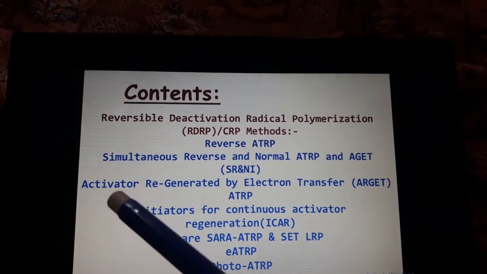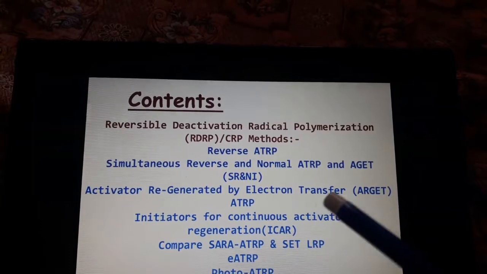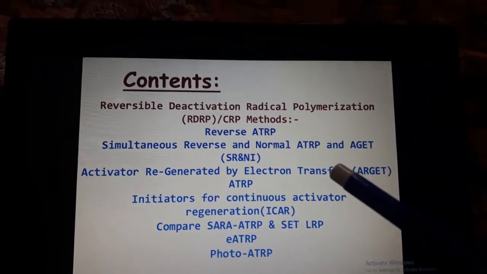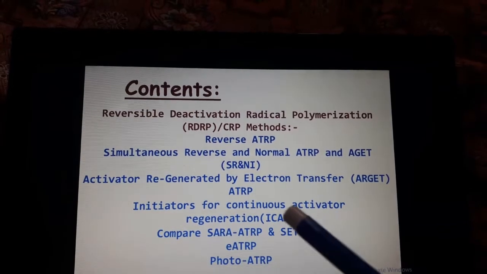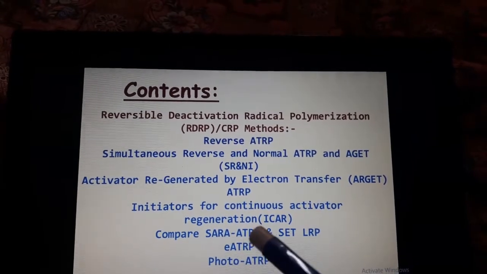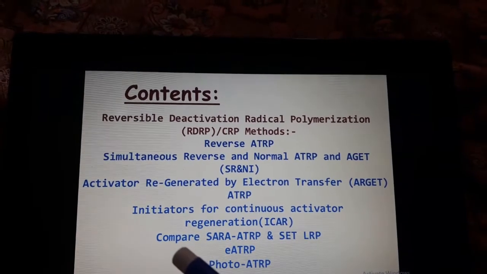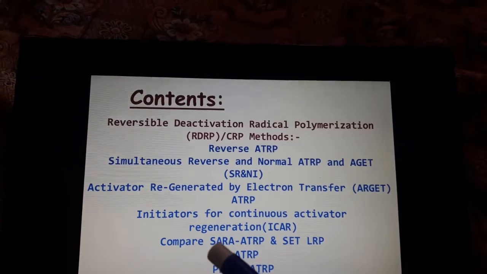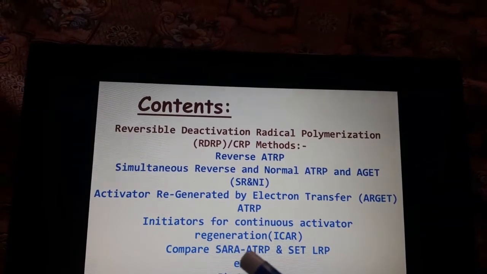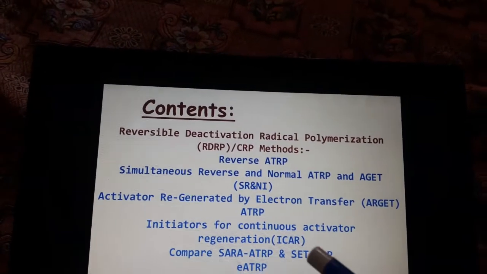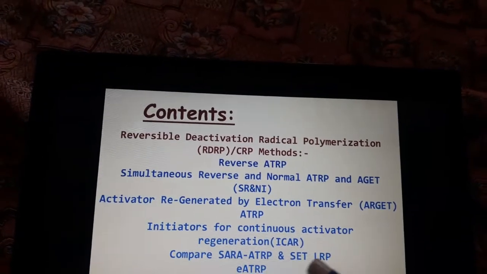The second subtopic is activator regenerated by electron transfer, or ARGET ATRP, and initiation for continuous activator regeneration, ICAR. We also have to compare supplementary activator radical addition ATRP with the single electron transfer living radical polymerization.